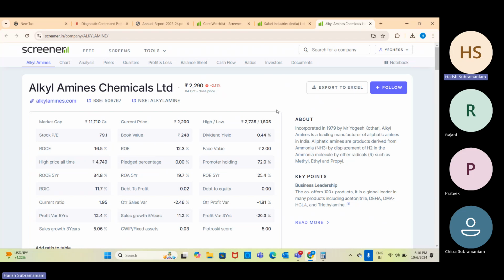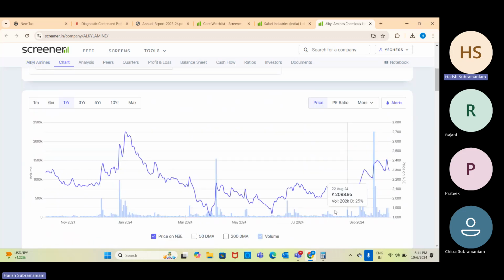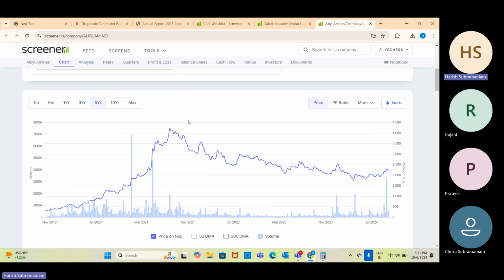Whereas let's look at this company. This is a chemical company. Alkylamines is a chemical company. And we see over here profit variance was actually minus 20%. So profits have gone down over the period of last 3 years. Sales is kind of growing very slowly. So when we look at this company, what do we see? This company was in, say, 2021, at some 3,500, 3,700, and now it is at some 2,200, right?